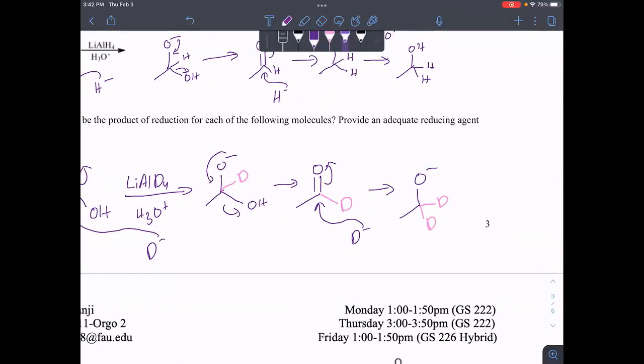But instead of protonating this last oxygen with a D, we're going to protonate it with an H, because when we protonate it, it's coming from the acid. And this acid is H3O plus, not D3O plus. So we're just going to keep it as an OH. That's the only thing you should be careful about if you ever get this question.